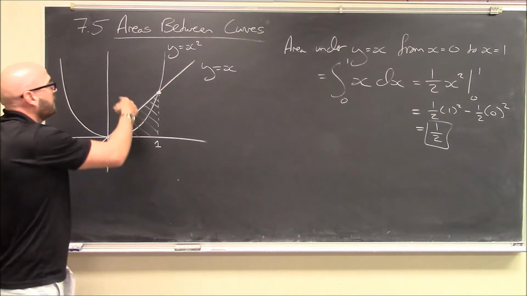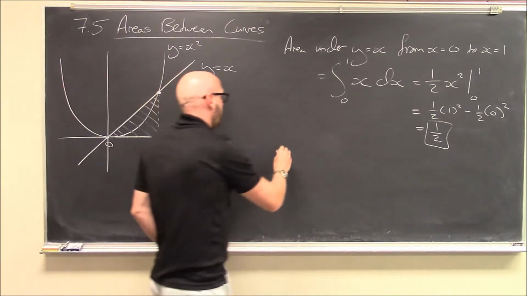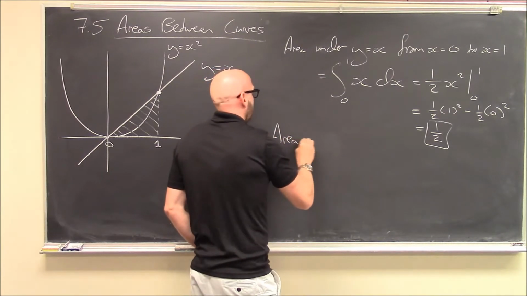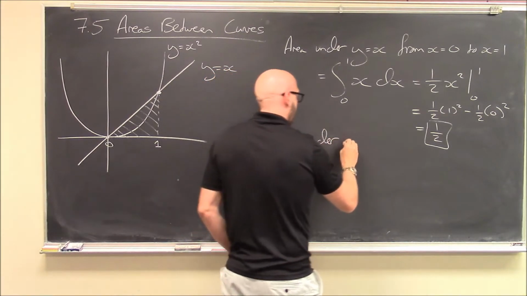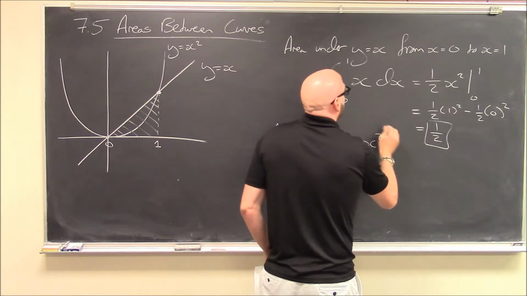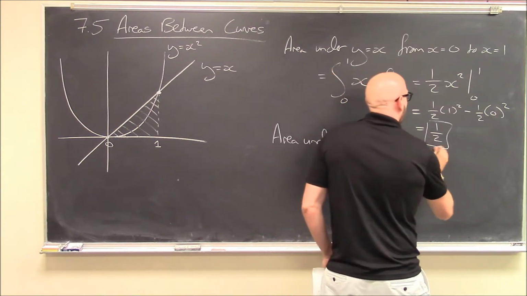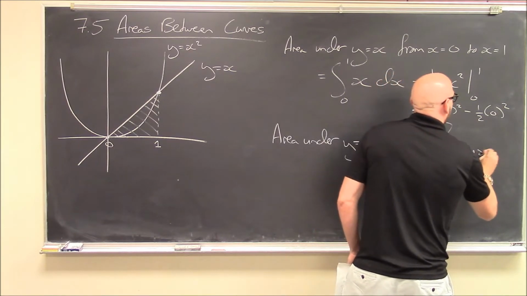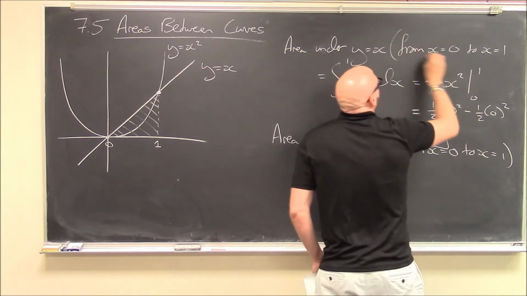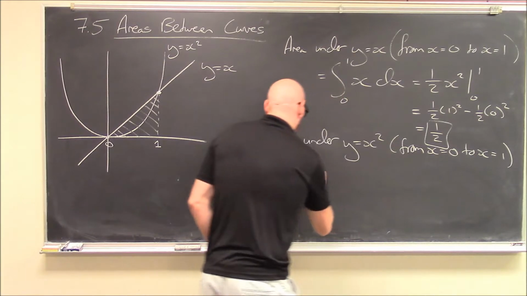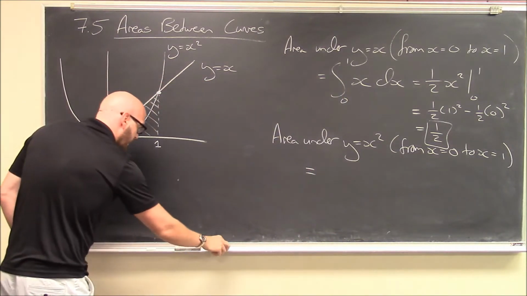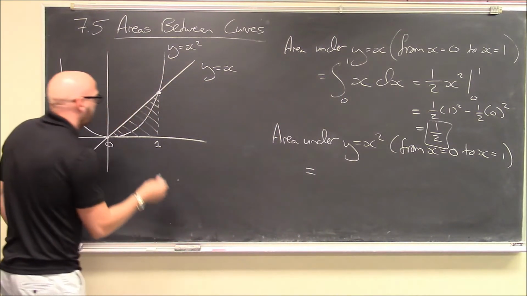What if I said, what's the area under y equals x squared, again from x equals 0 to x equals 1? So what's that graphically? I've got green here.